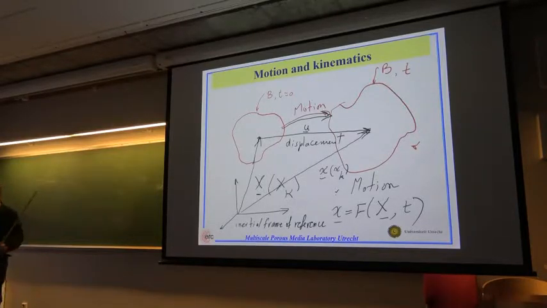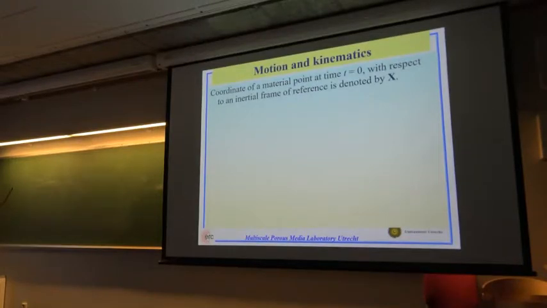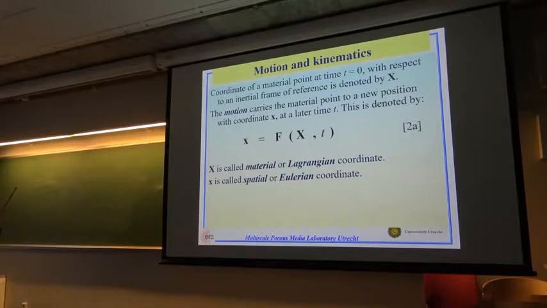Okay? So with having this F, we can have everything. All of that is explained here: the coordinate of a material point at time 0 with respect to an inertial reference is denoted by capital X. The motion carries it to a new position at time t, coordinates x. You can write that small x is a function of X and t, and capital X is called the material or Lagrangian coordinate, and small x is called the spatial or Eulerian coordinate.